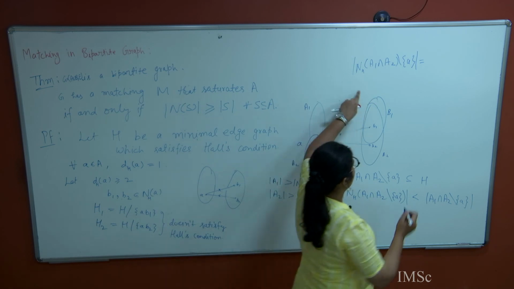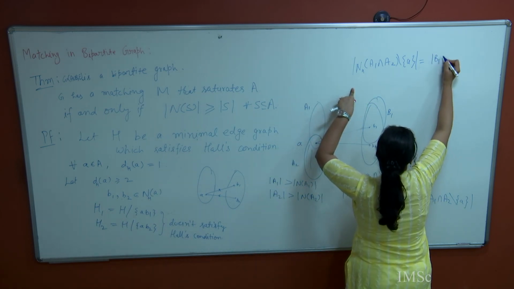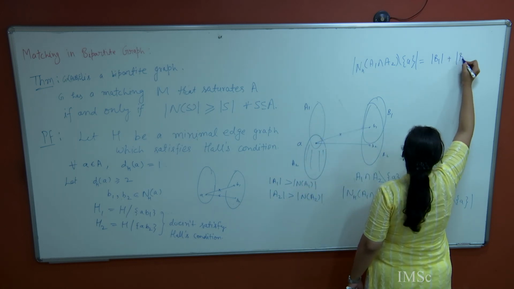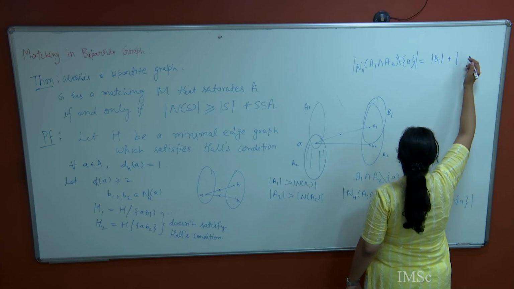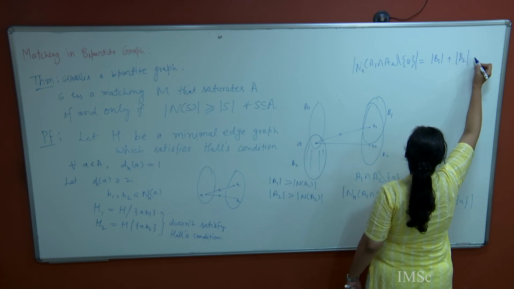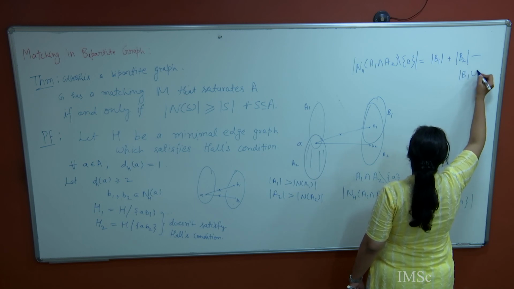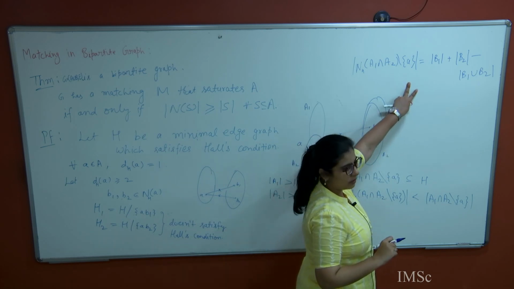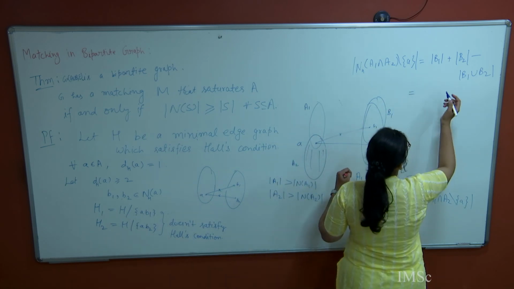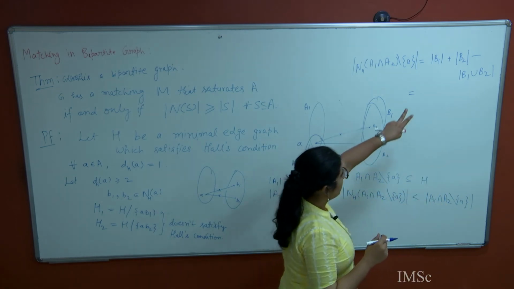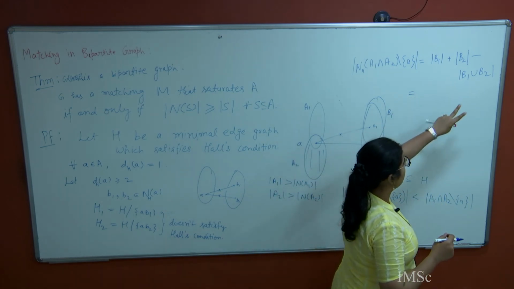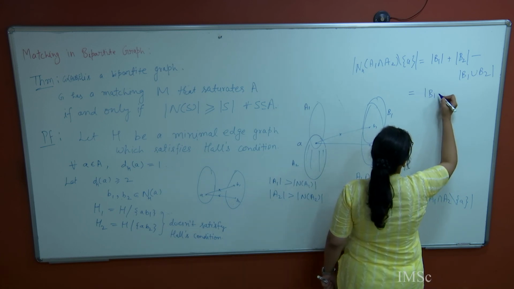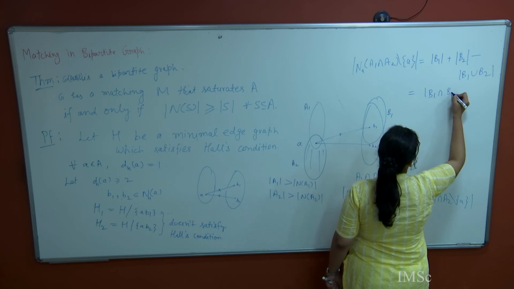Its neighborhood is some B1 plus some B2, minus B1 intersection B2. So the cardinality is the cardinality of B1 plus the cardinality of B2 minus the cardinality of B1 intersection B2.